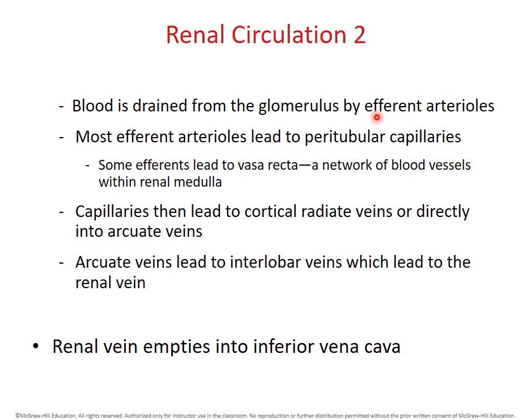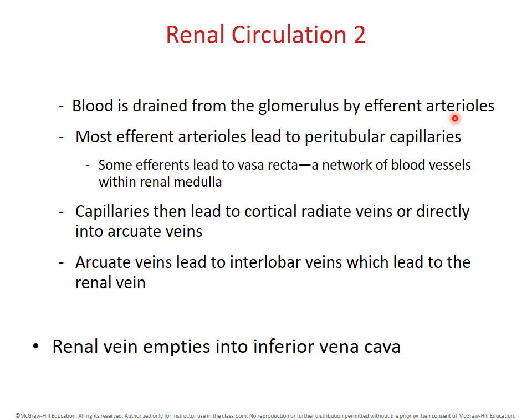You'll notice something interesting here, pretty unique in the body, is that we have a capillary bed that is being drained by an arteriole. Everywhere else in the body that I'm aware of, capillary beds are drained by venules. But this capillary bed is drained by an arteriole.